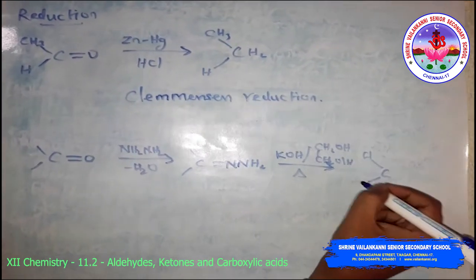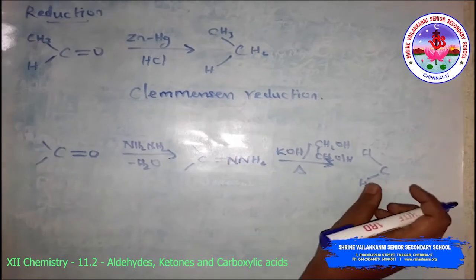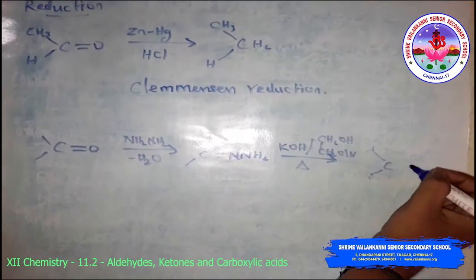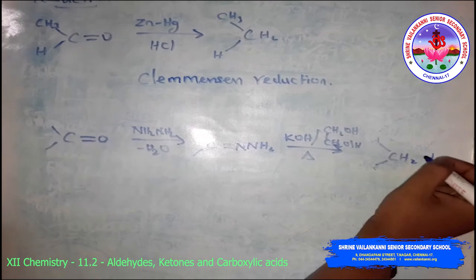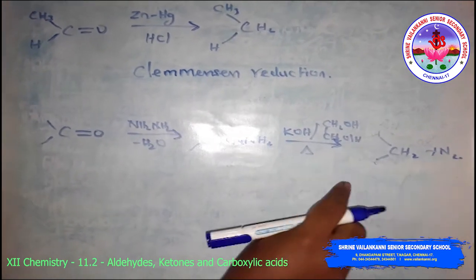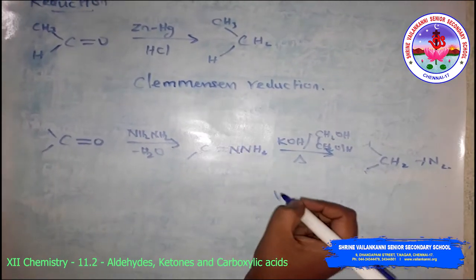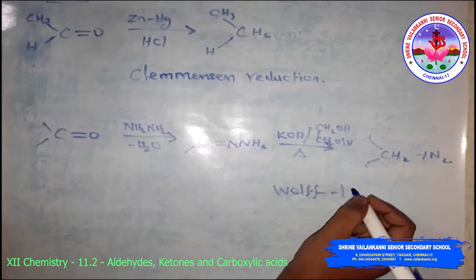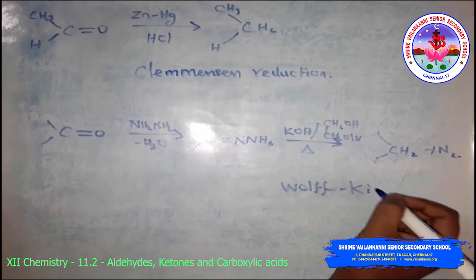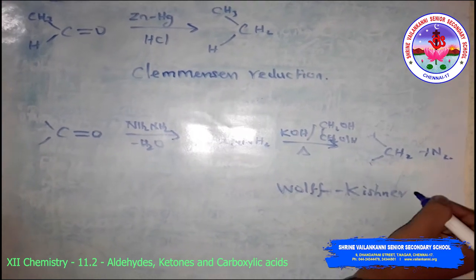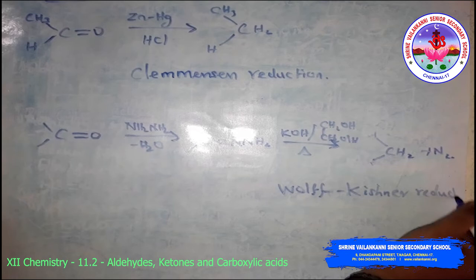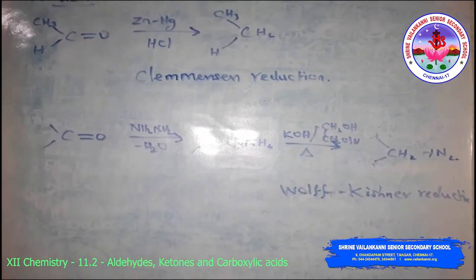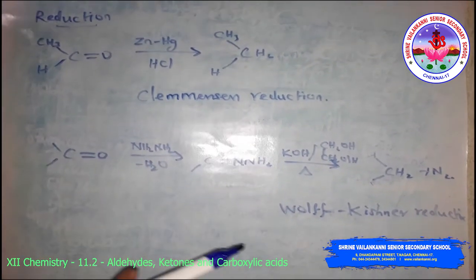So both aldehyde and ketone give the alkane compound and N2. This name reaction is called the Wolff-Kishner reduction.